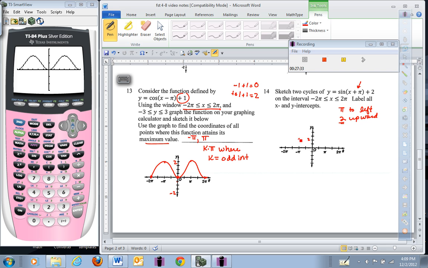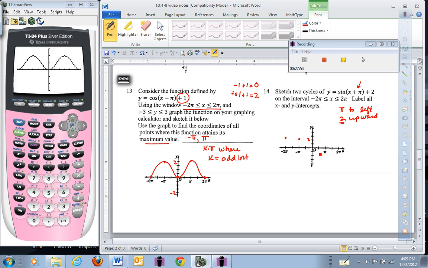Negative pi, it's now at 2. Then if I go another pi, the next 0 is at negative pi, right? And at negative pi, it would get moved to negative 2 pi, and it's going to get moved up too.